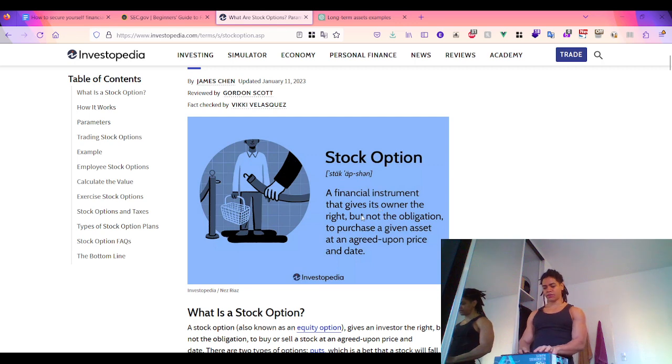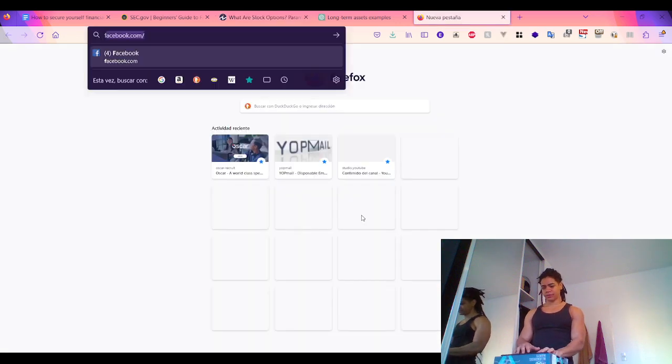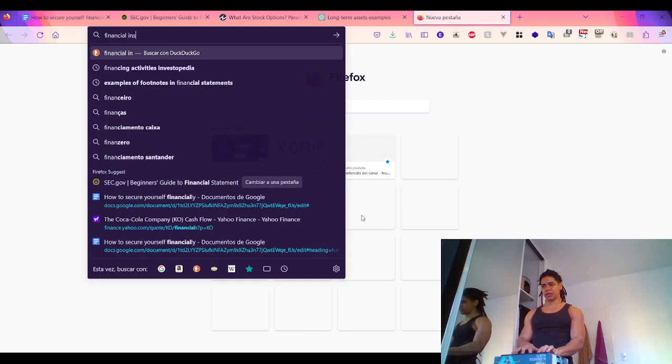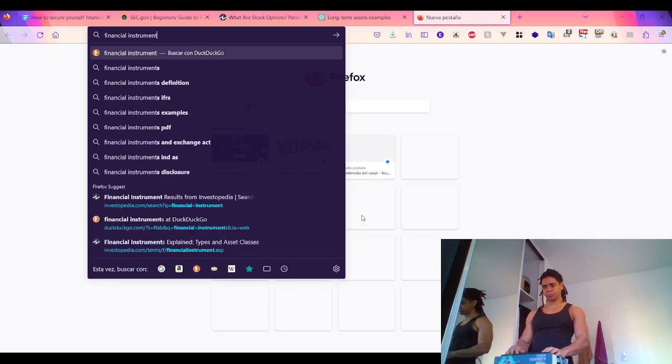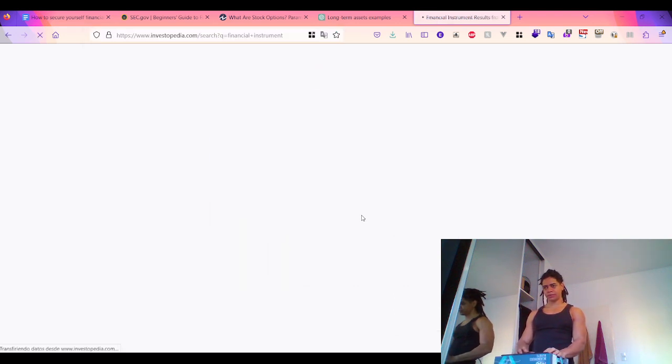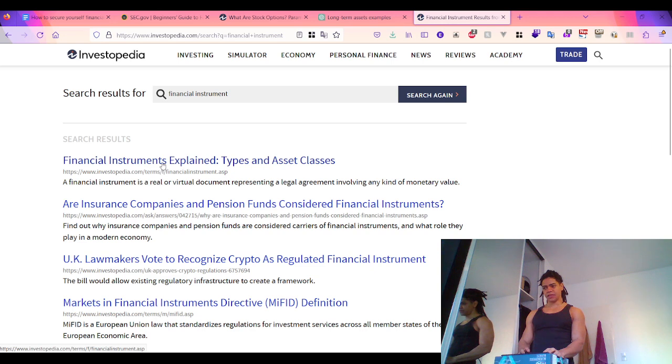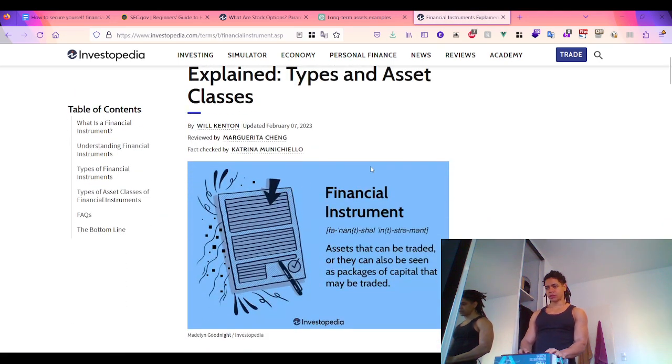And when we talk about financial instruments, they are assets that can be traded, or they can also be seen as a package of capital that may be traded. Important.